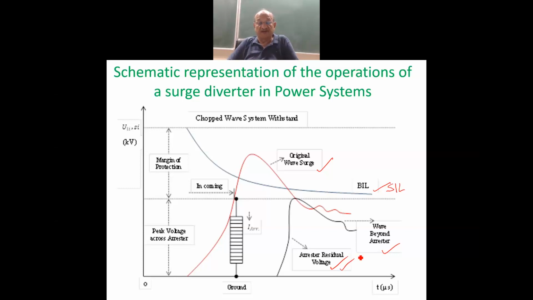With the help of lightning arrestor or surge diverter installation, we can reduce the basic insulation level or the switching impulse level to a great extent, and economize in the cost of production of such gadgets.